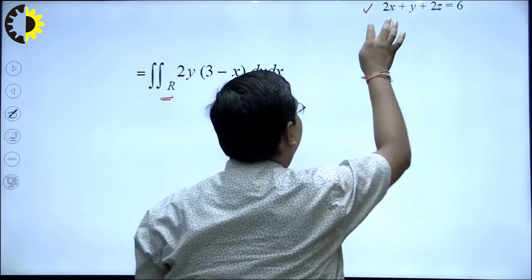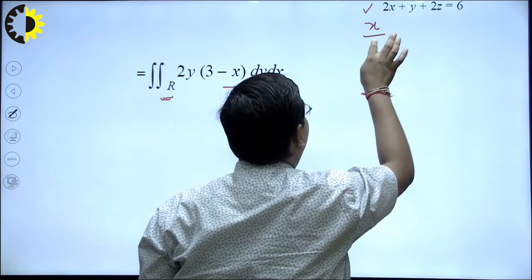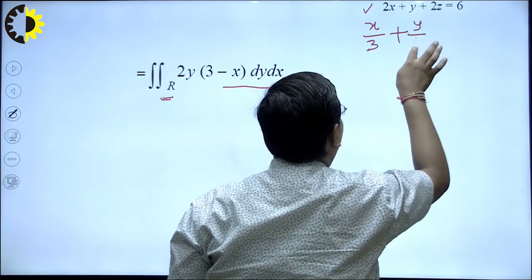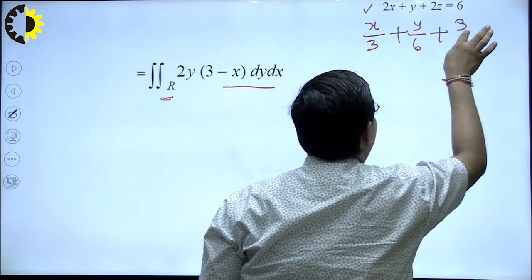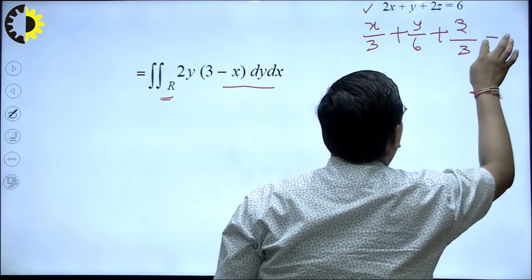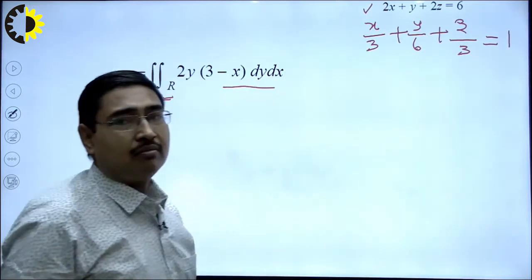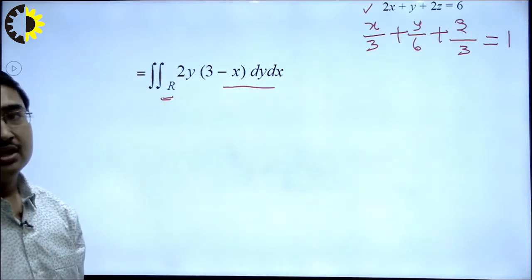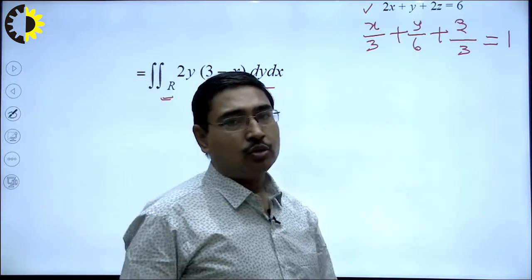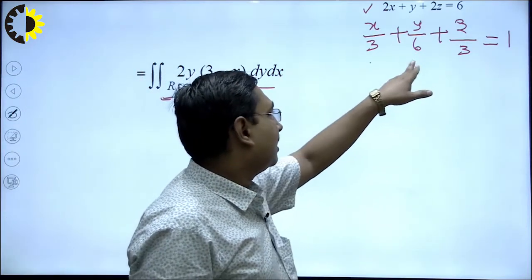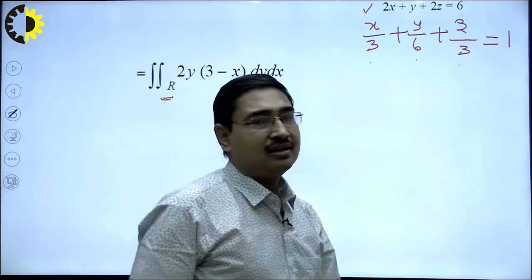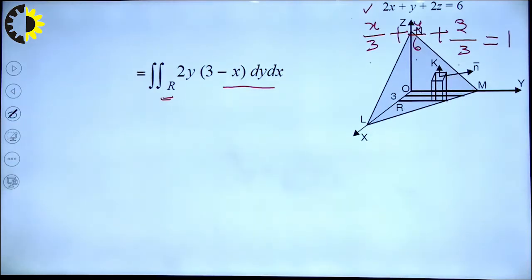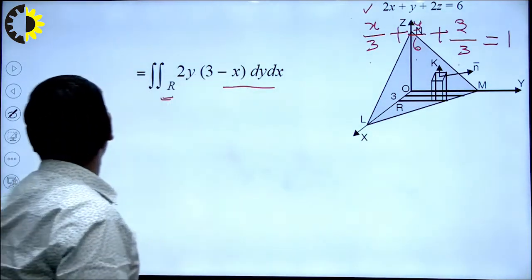This equation can be written as x upon 3 plus y upon 6 plus z upon 3 equal to 1, which is of the form x upon a plus y upon b plus z upon c equal to 1. So, it is a plane whose x intercept is 3, y intercept is 6 and z intercept is 3. So, this plane will look like this.